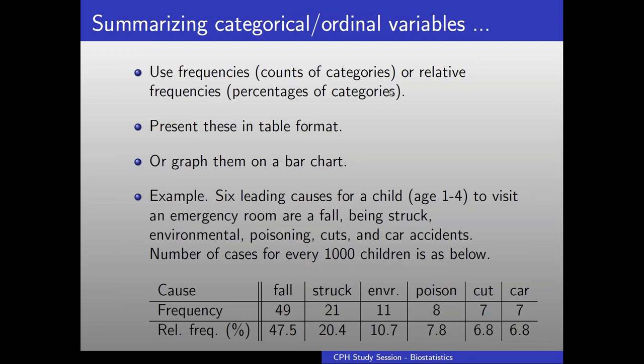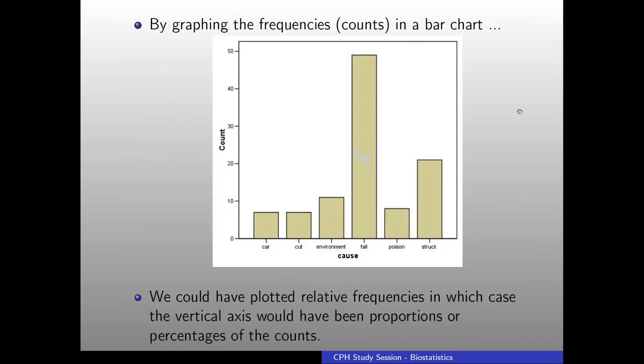So this is in table format. You can also display it as a bar plot where this is raw counts, frequencies, of each one of the categories that you have. We could have plotted the relative frequencies, which means that the y-axis would have been percentages or proportions rather than the raw counts. Okay, but the proportionality of heights should be about the same.